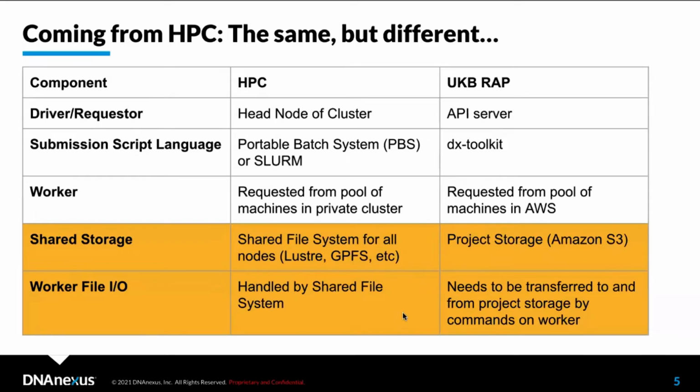The implication is that because everything is in project storage, when you run files on a worker, you need to transfer the files that you need from project storage into the worker. And you need to transfer anything that you generate from the worker back into project storage.